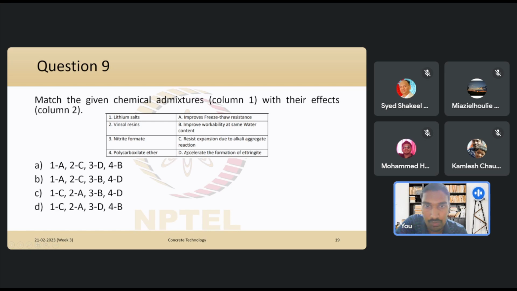So that is mapped with option D. And we already saw polycarboxylate ether is a type of water reducing agent, and therefore it improves the workability at the same water content. If we maintain the same water content and add the water reducing agent, then workability will be improved. So that is option B. So that matching is given in option D: 1C, 2A, 3D and then 4B. Okay, so that is the right option.